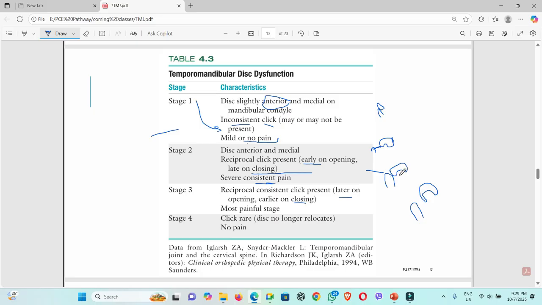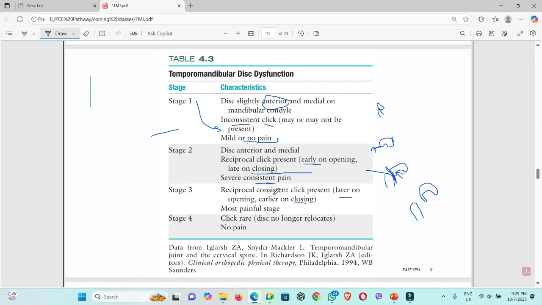Click will be early on opening and late on closing. Why late? Because the condyle is sitting here and has to travel this much distance, and the click will come once it comes off this bump, right?